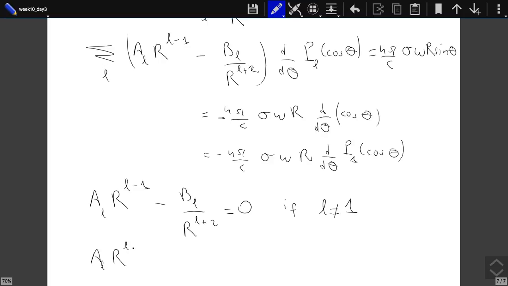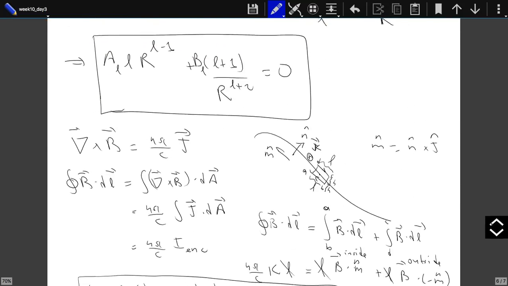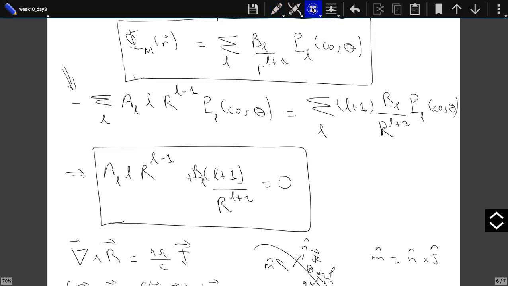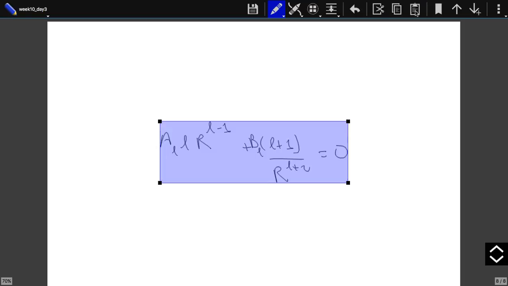And for L equal to 1, A 1 minus B 1 over R cubed should be equal to minus 4 pi over C sigma times omega times R. Plus I have the previous conditions, which are true for both L equal to 1 and L different than 1.